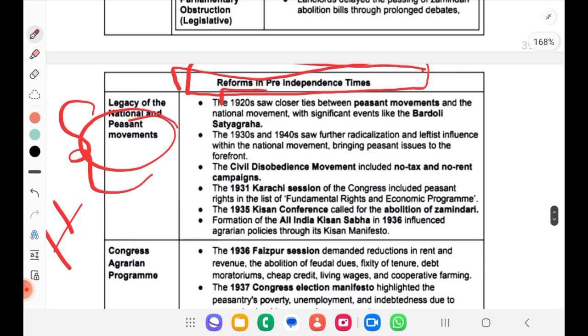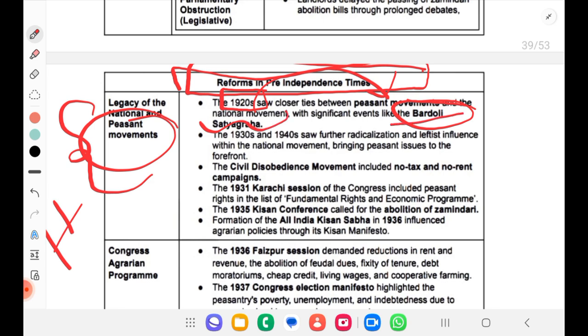During the 1920s, remember which movement was going on? It was the Non-Cooperation Movement, isn't it? So there were close ties between peasant movements and the national movement, with significant events like the Bardoli Satyagraha. Bardoli Satyagraha is related to the peasant movement.